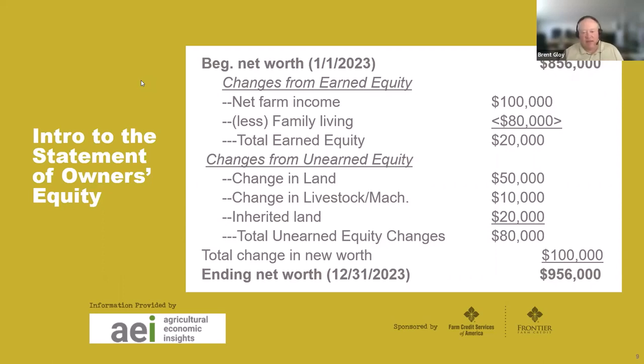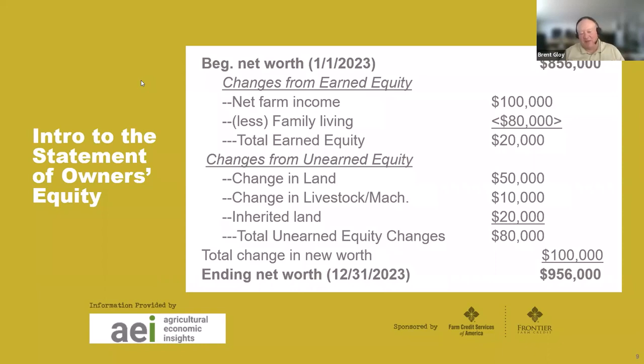Then on the unearned side, they had some land appreciation. They actually inherited a little bit, and they had some appreciation in their livestock and machinery values. So they had $80,000 of unearned equity changes to get that total net worth up $100,000. We're not here to say that's good, bad, whatever.